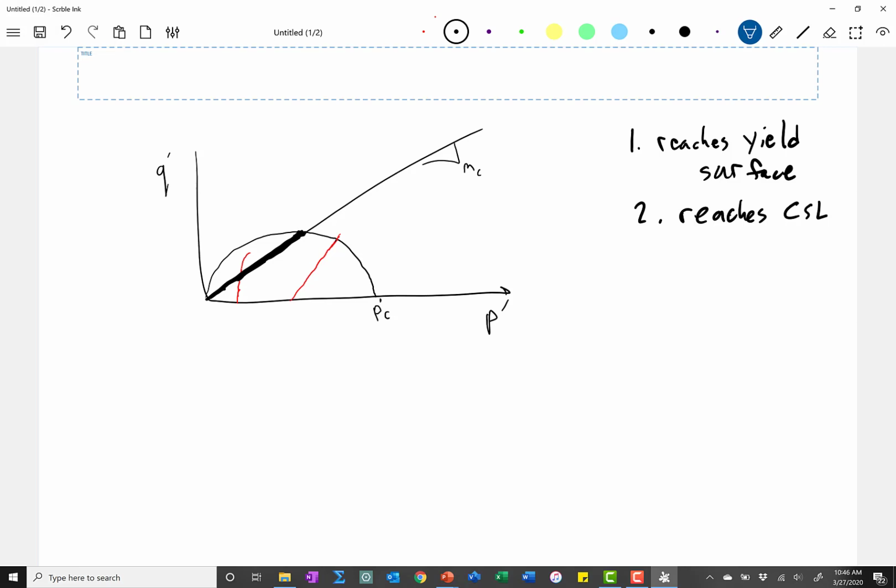So if the stress path reaches the critical state line before it's reached the yield surface, it's not going to fail. But if it does reach the yield surface, this is a unique rule that is triggered. Instead of expanding, what happens is the yield surface contracts.